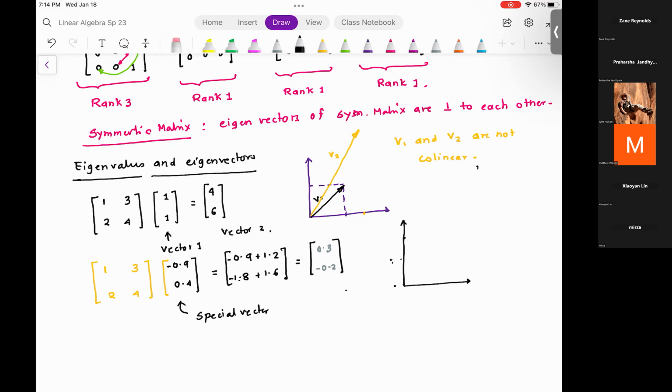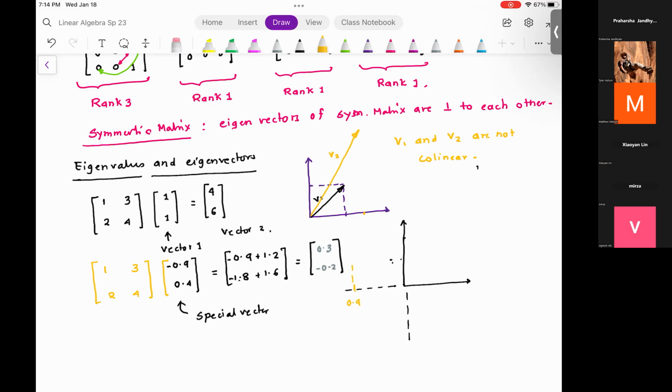Since I have a negative term, I need to write this down. This is minus 0.9 and 0.4, and my vector is going to be something like this.